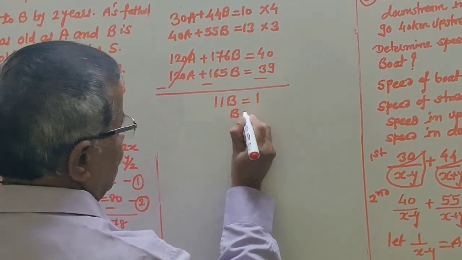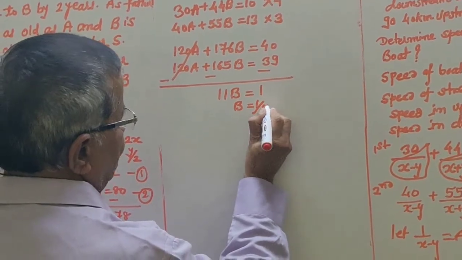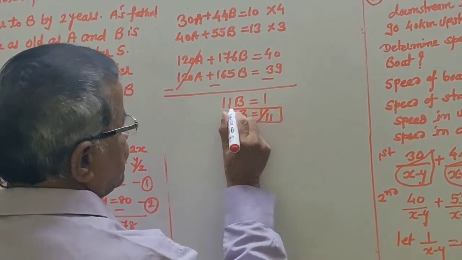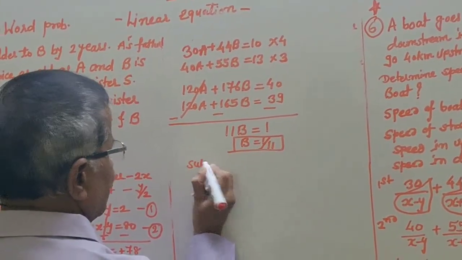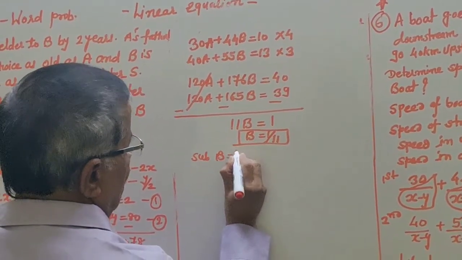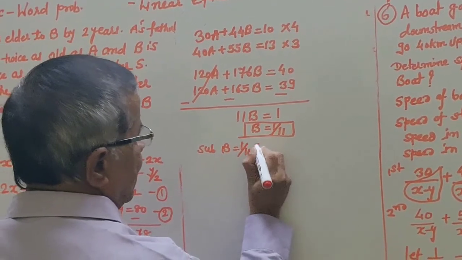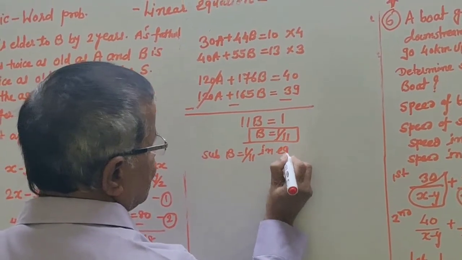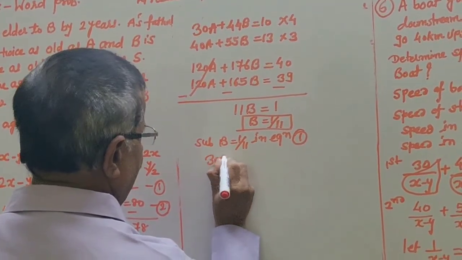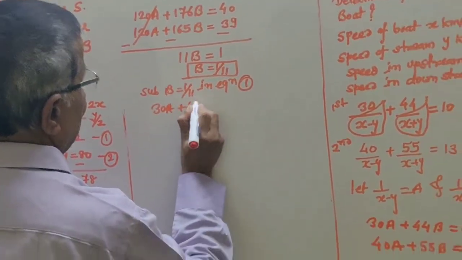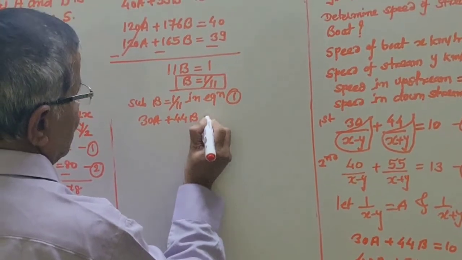So what is the value of B? Is 1 by 11. Now I substitute this value in equation 1. Substitute B is equal to 1 by 11 in equation 1. So what will come here? 30A plus 44B is equal to 10.